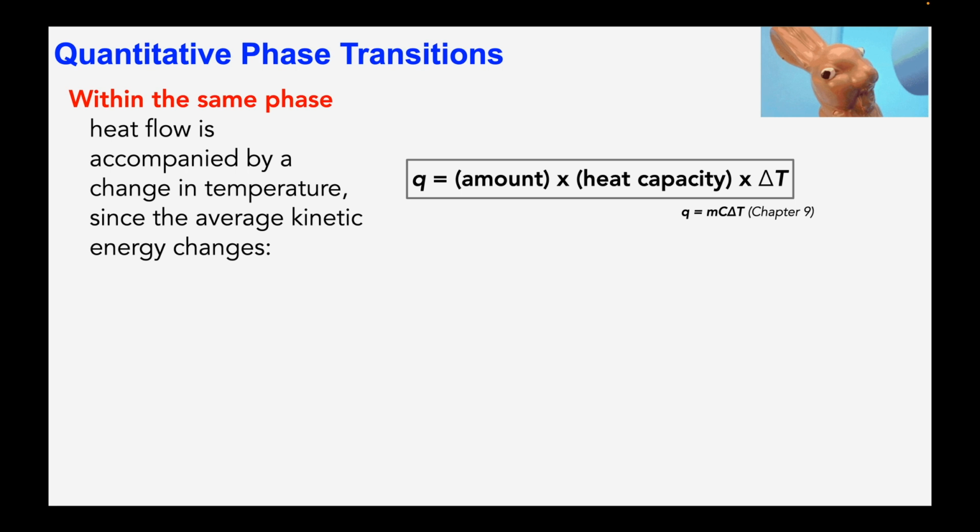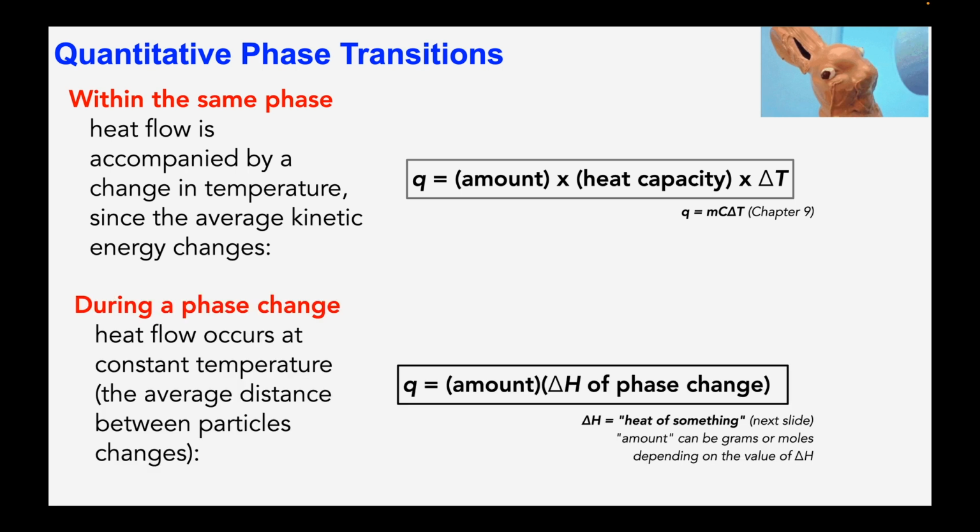For example, if you were heating water from 25 Celsius to 90 degrees Celsius, you would use mc delta T. Your heat capacity would be 4.184. You'd multiply that by the amount. Your delta T would be final minus initial temperatures, and you'd be good to go. And the sign of Q will tell you if it's exothermic or endothermic. If you add energy, Q will be positive, endothermic. And if you get energy out, Q will be negative, exothermic.